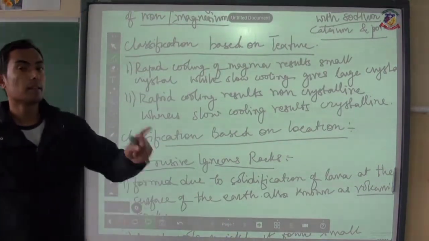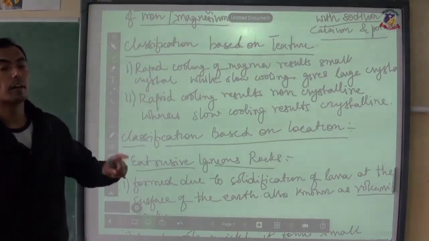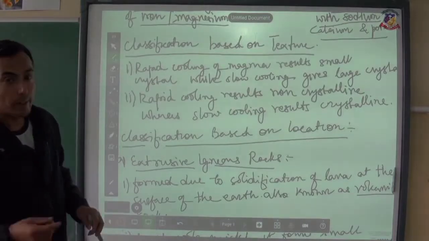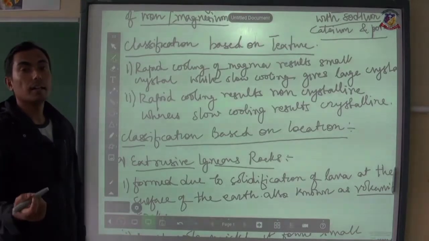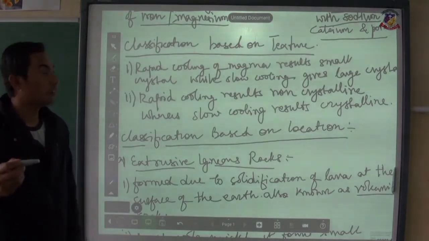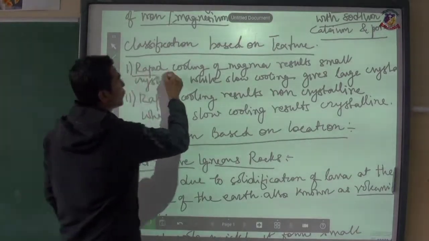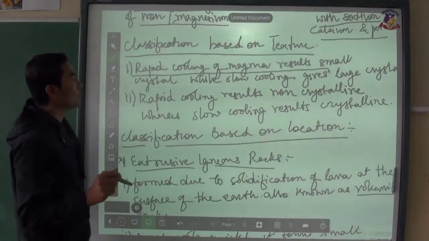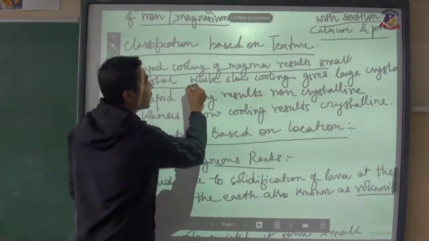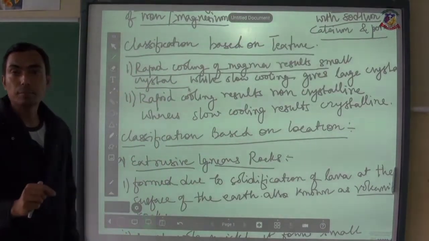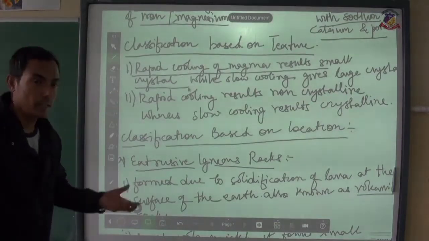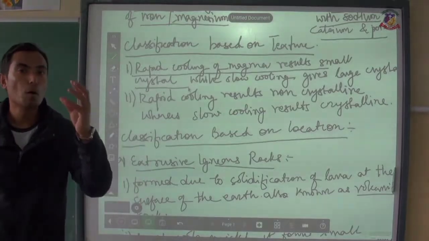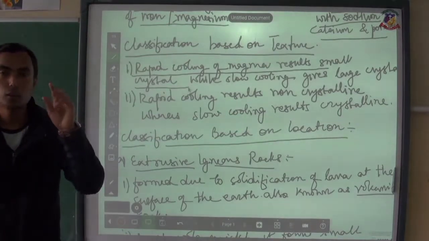Now whenever the volcano erupts, it gives us lava. So whenever the lava or the magma reaches the surface of the earth, rapid cooling takes place and the magma results in the formation of small crystals. Whenever the magma cools down very quickly, it results in the formation of smaller crystals of igneous rocks.